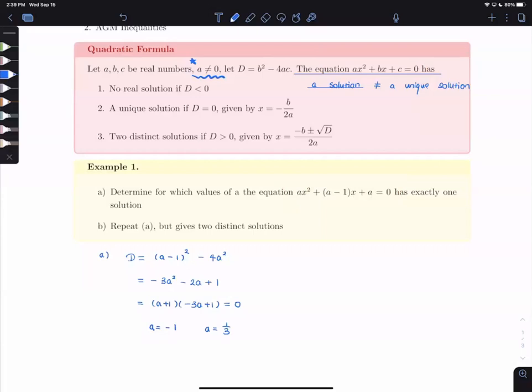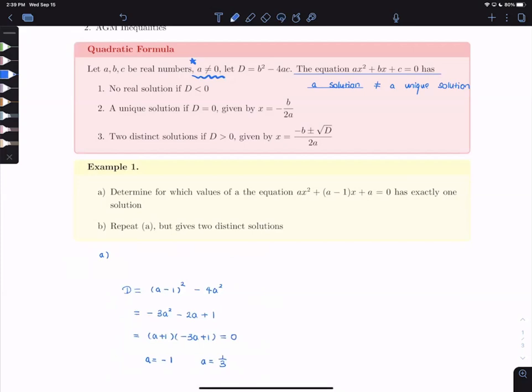The first case is when A is not 0. Then we have a quadratic equation, which has only one solution when B is equal to 0.